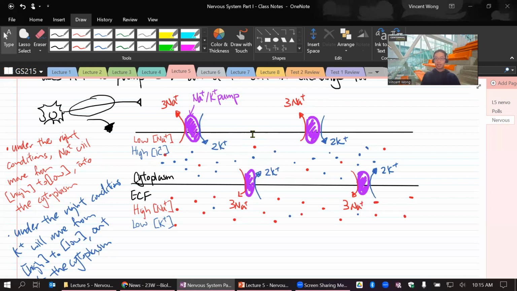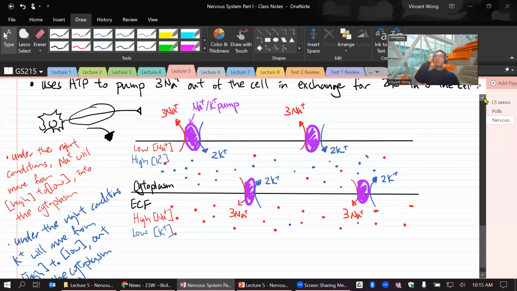They just can't yet. And the potassium, the blue stuff, they really want to go out, but they can't. That's why this is a pump. It uses ATP because you're pumping the sodium out against the concentration gradient. Similarly, you're pumping the potassium in against the concentration gradient.